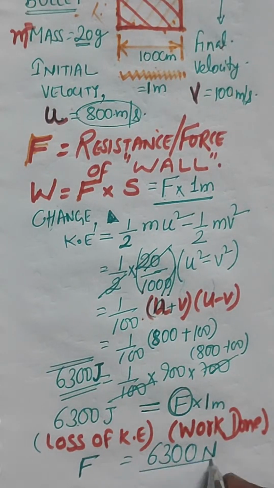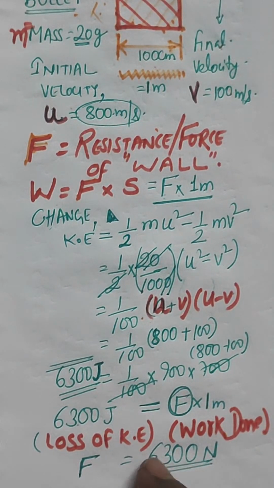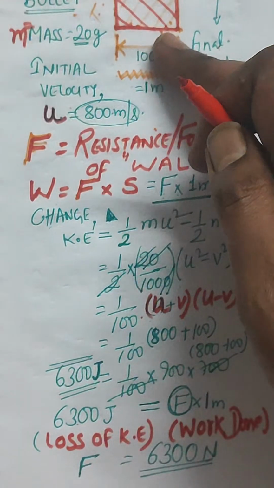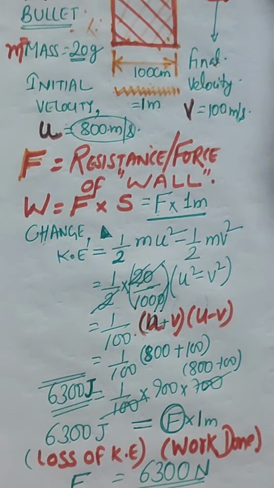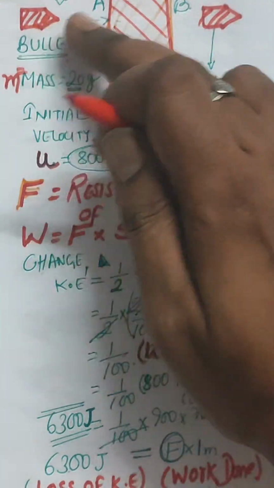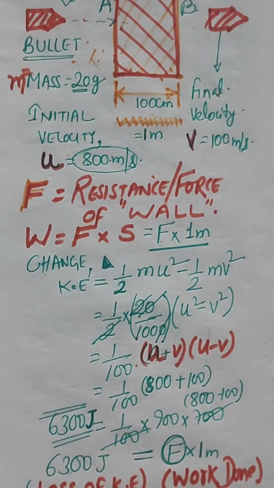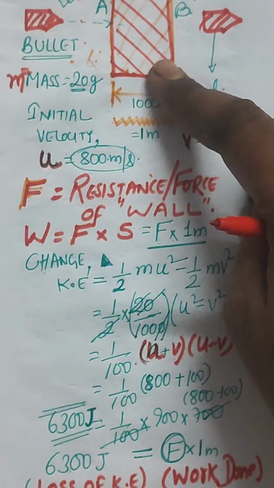So 6300 Newton is the resistance or the force applied by this wall in stopping the flow of the bullet. So that much work needs to be done. That means 6300 Newton, right? That is the resistance applied by this wall.